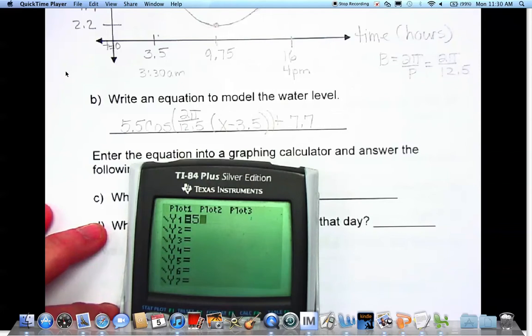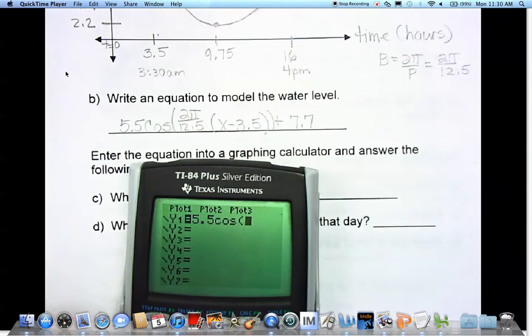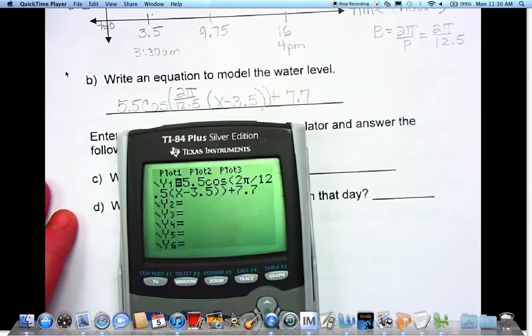So 5.5 cosine, open parentheses, 2 pi divided by 12.5, open parentheses, X minus 3.5. You want to type it in just like it is on your paper.